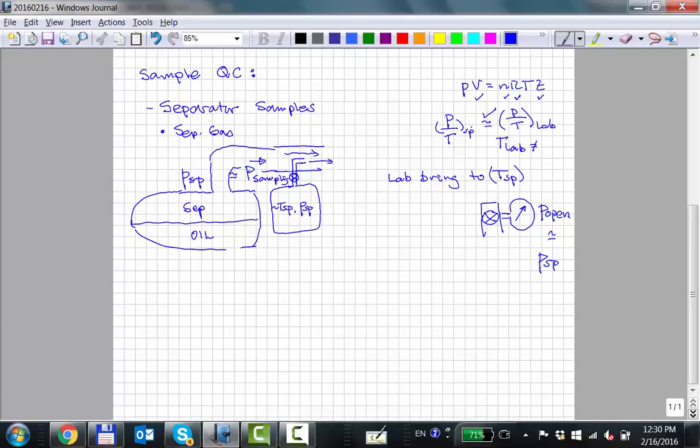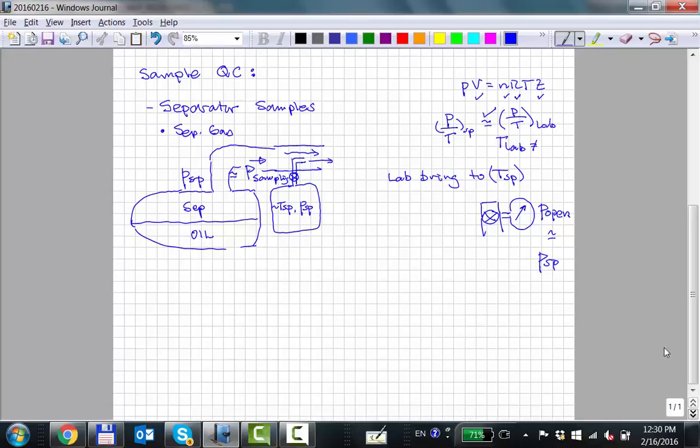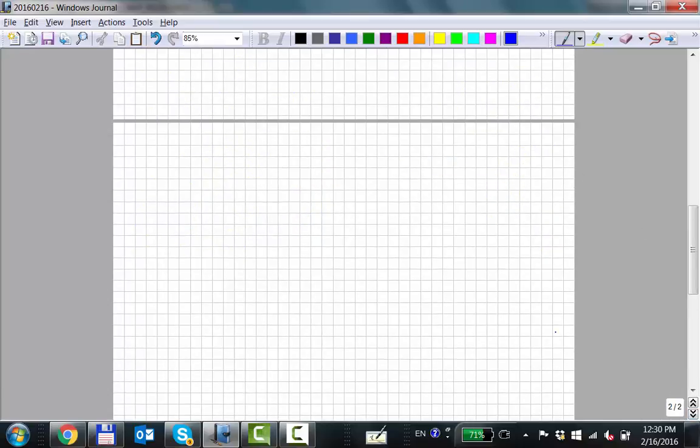Any questions about that? Now, I can't tell you that if the pressure they measure is 1 bar less than the separator pressure, it's okay. If it's 5 bars, I'm not sure when you would say that there's been leakage.